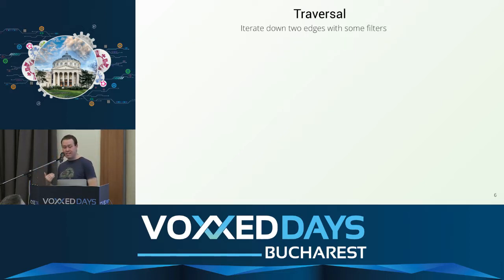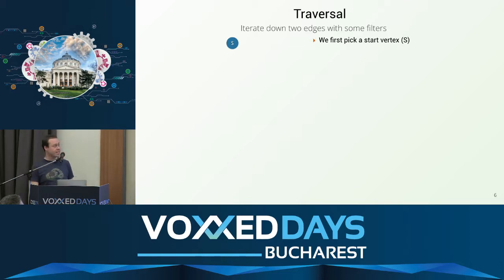And the reason is that in a graph database, the query mechanism that you use is a so-called traversal. I like to explain this by using an example. My example is that I want to iterate down 2 steps, 2 edges, plus I want to apply some filters on these edges. Whenever I start a traversal, the first thing to do is pick one starting point. In this case, I call it S for start.